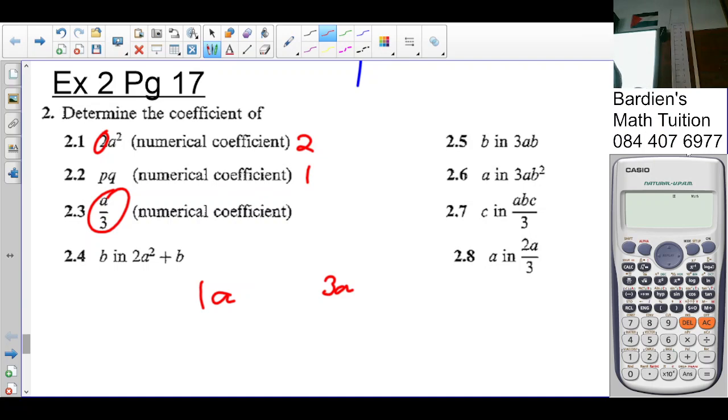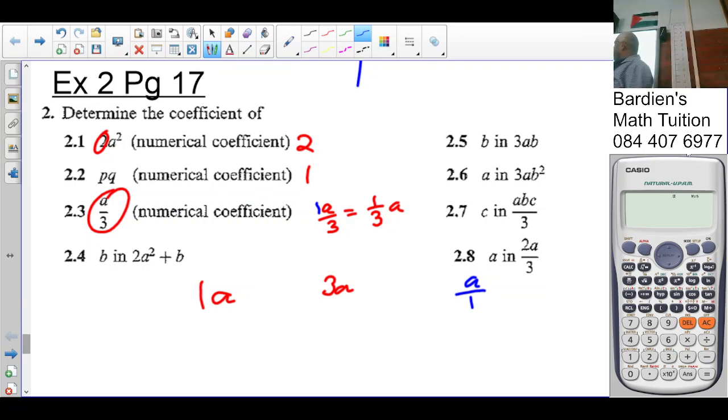Right, listen. A over 3, since there's a 1 in front of a, can be written as 1 over 3a. If the variable is written next to the fraction, that variable belongs to the numerator. Okay, you understand? And it can be explained, because if you have a, that a is also over 1.